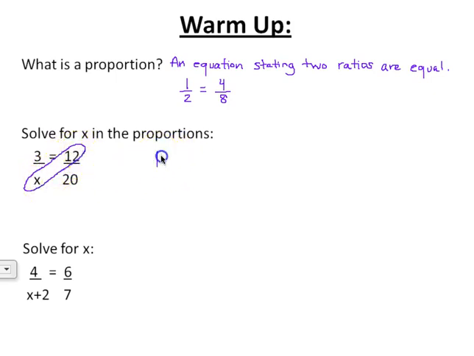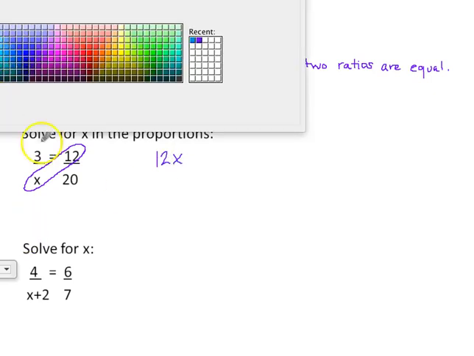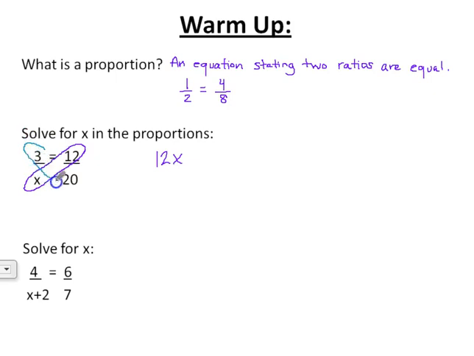So 12 times x equals 12x. Then I'm going to do the same thing: multiply the numerator times the denominator of the other one, set those equal to each other, 3 times 20. Cross multiplying. So on the left side, we've got 12x, and on the right side, 3 times 20, simplify that to give us 60.